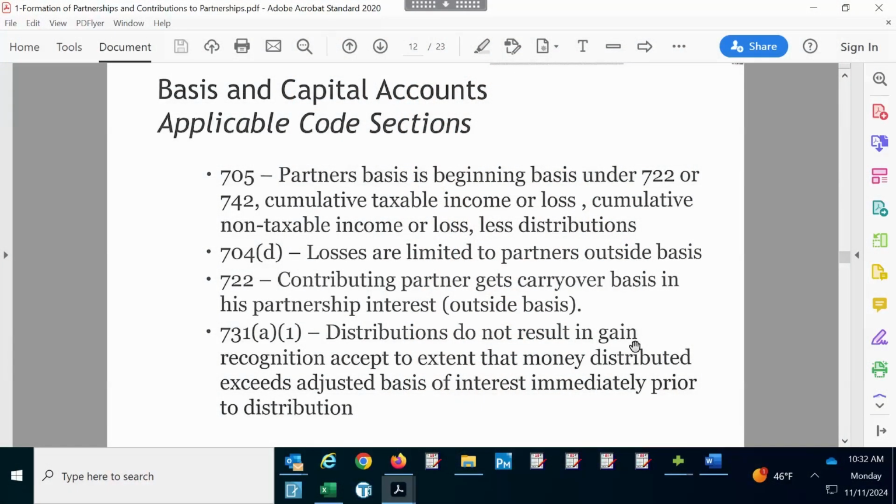705, partner's basis under 722 or 742. Okay, so 722. I'm going to say 722 is carryover basis. 742 is acquisition cost. 742 is sale or exchange of a partnership interest. Or is that 741? That's 741. 741 is sale or exchange of a partnership. 742 sounds right.